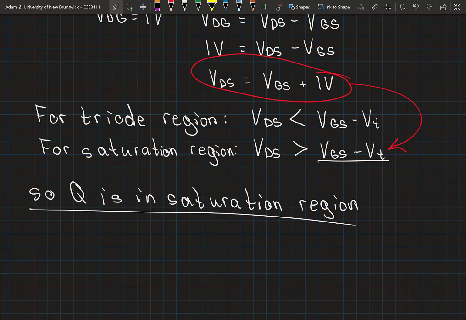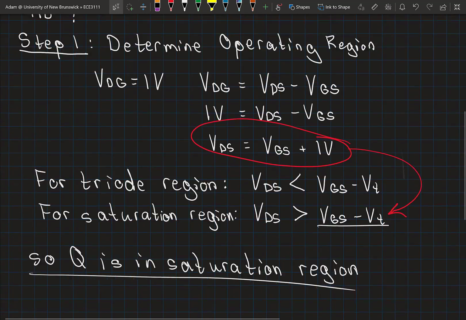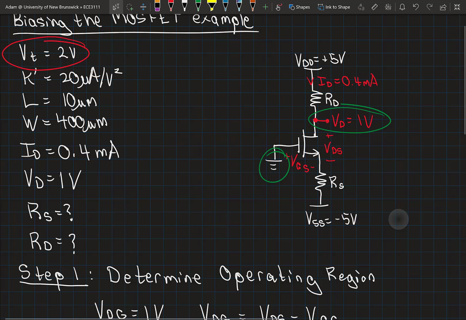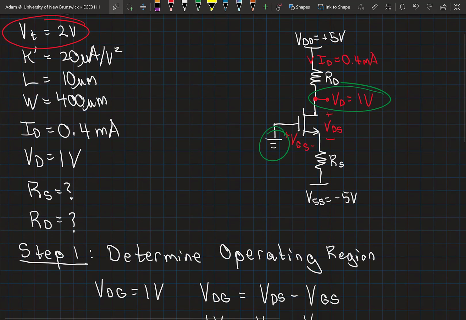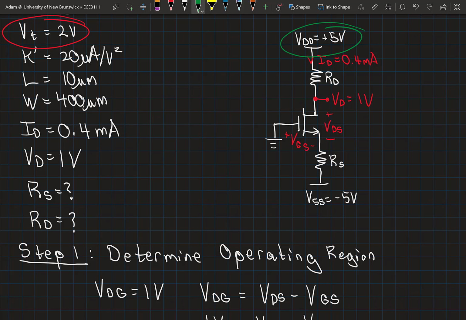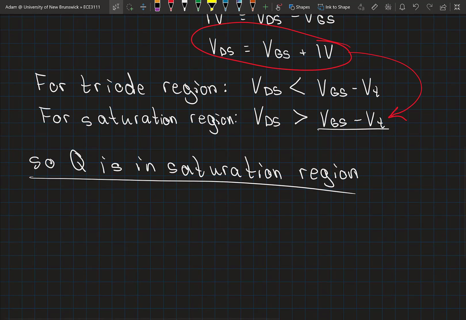Now, what else can I calculate from here? Well, even without calculating the operating region, I could calculate the resistance of the resistor connected on my drain. I have the voltage on one side of the resistor, the voltage on the other side of the resistor, and the current through it. So using that and Ohm's law, I can calculate my resistor RD.